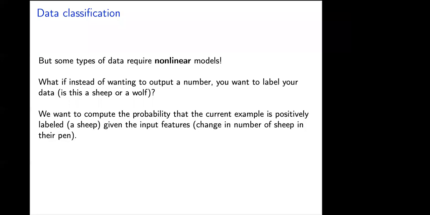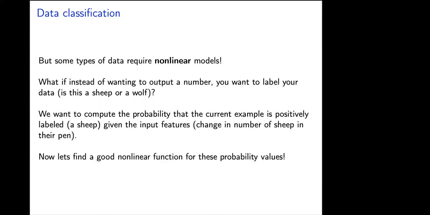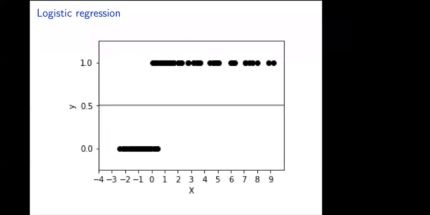So you want to compute the probability that what you're looking at is actually a sheep. And you have an input feature, which let's say is the change in the number of sheep in its pen. So maybe you're adding some sheep, but if this wolf is going around eating the other sheep, then the number of total sheep might end up going down, or at least go up by much less than it should. So we're going to need to find a nonlinear function because this is clearly not a linear function.